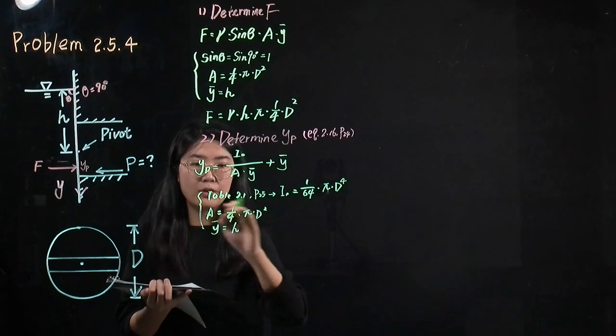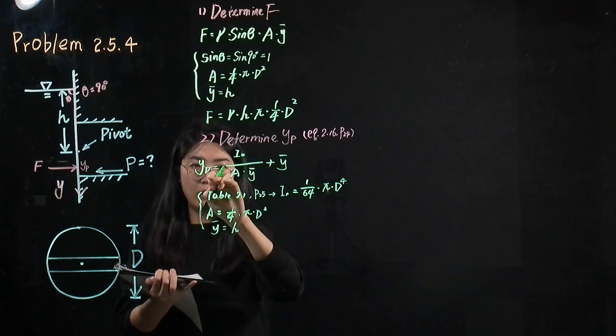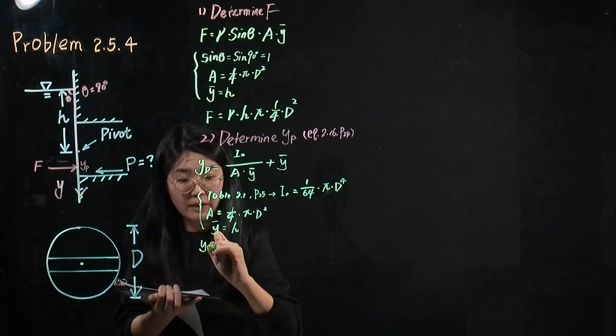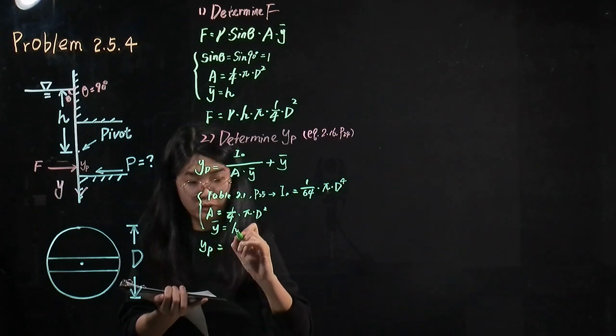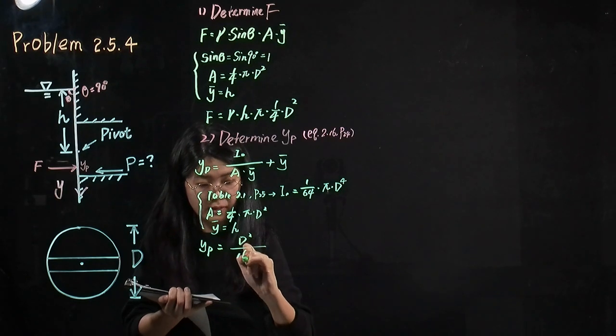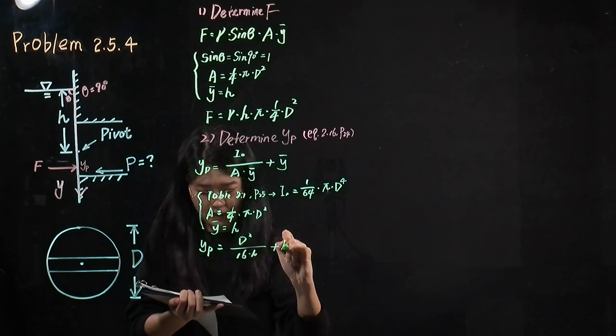So bringing these three into the equation, we can get yp equals d squared over 16 times h, plus h.